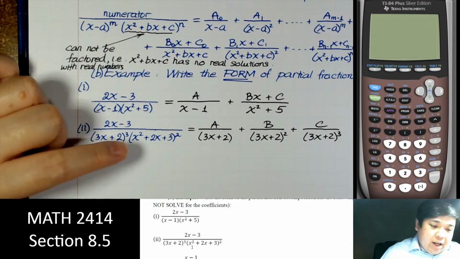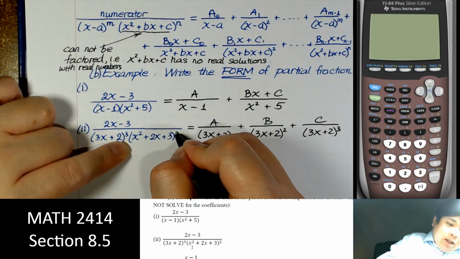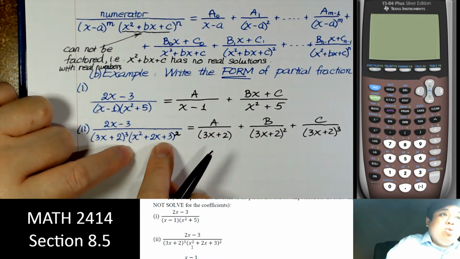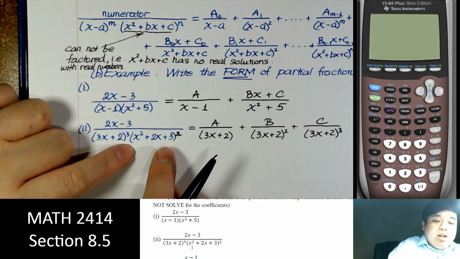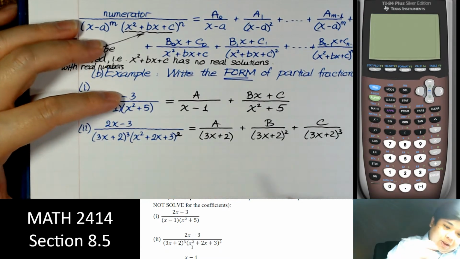Right, next, the quadratic with the second power. By the way, this one is irreducible. If we solve it, there is no real solution.